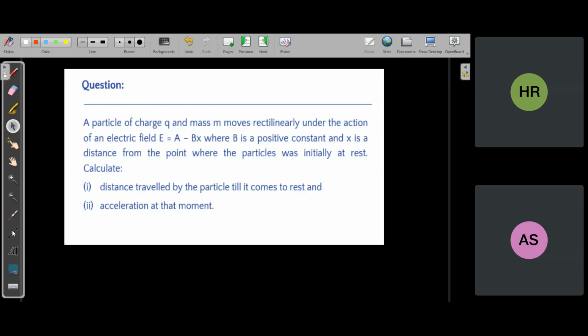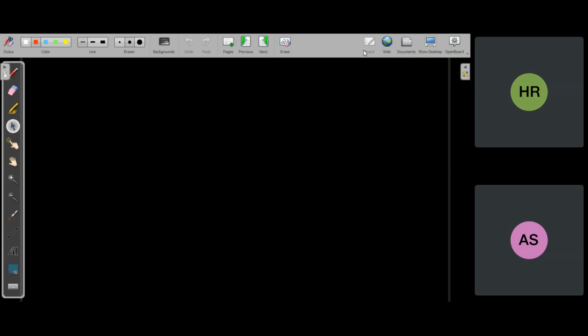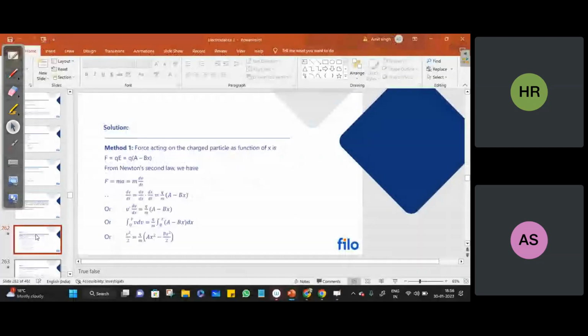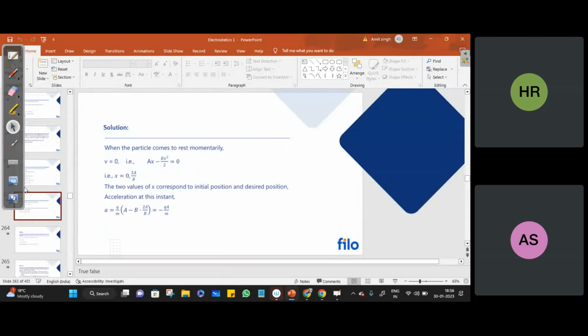Yes sir. That's it. Ax minus bx square by 2 equal to 0. Got the value of x. Will not get? See here, even after solving, you are getting the same thing now.